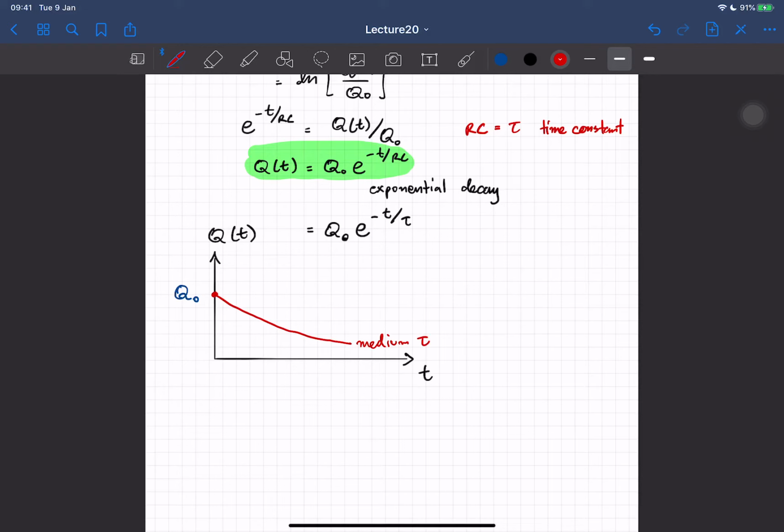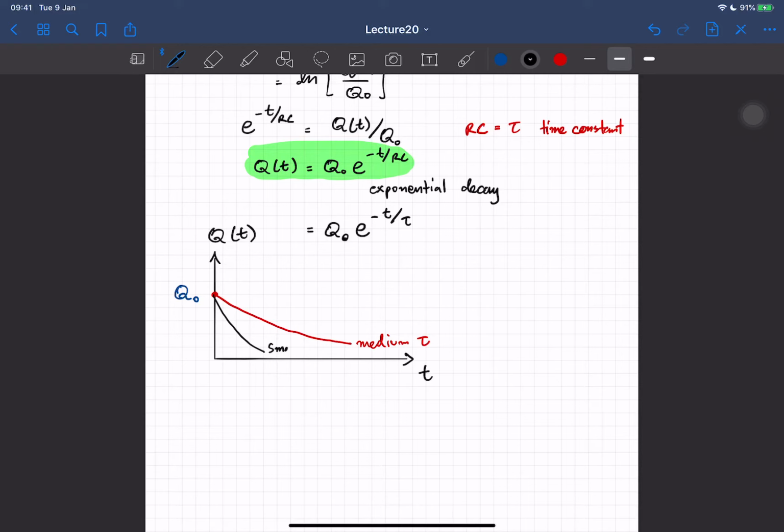Now what happens if you have tau, the time constant, to be very small? Then you are dividing by a small number, so it's e to the negative large number, and it's going to decay really fast. So for a small time constant, you have fast decay.